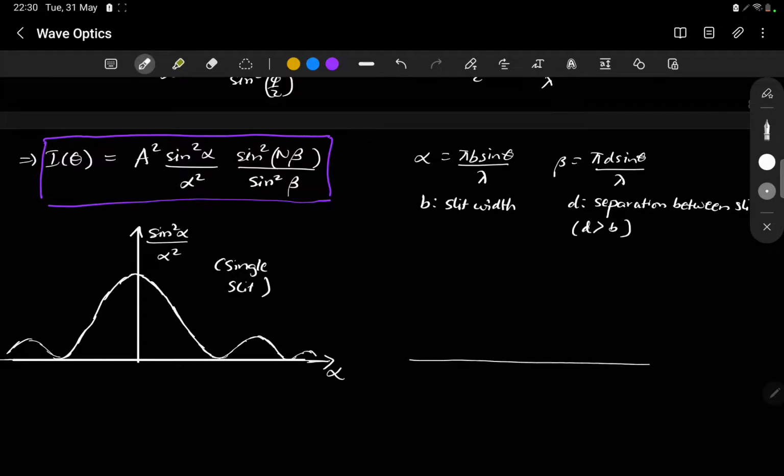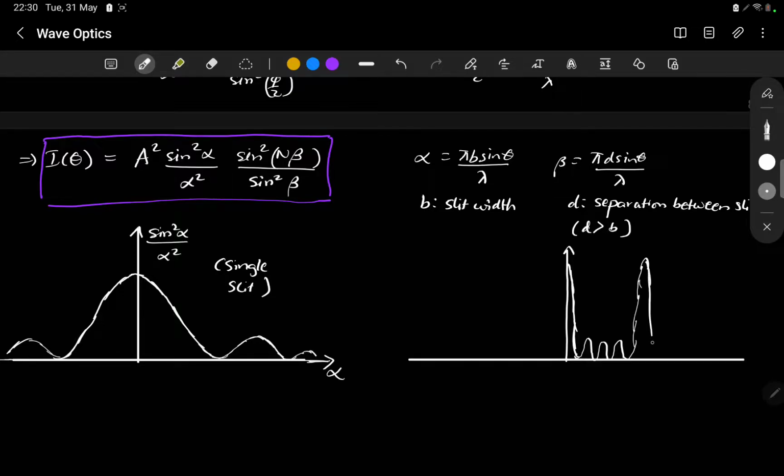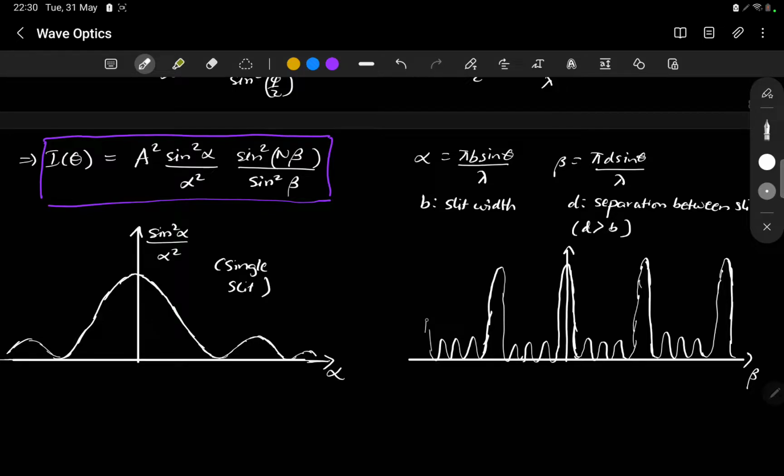Then if we draw N slits, this is for the N slit part, this is beta, this axis, and this axis is sine squared N beta over sine squared beta.